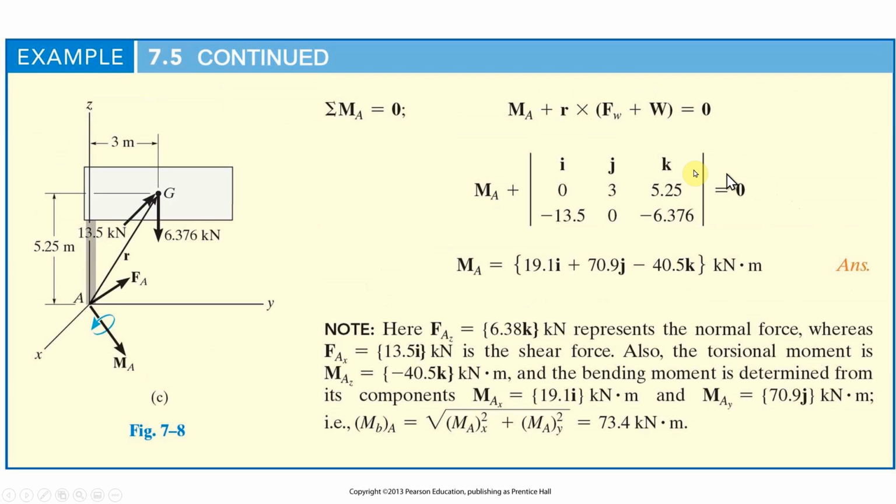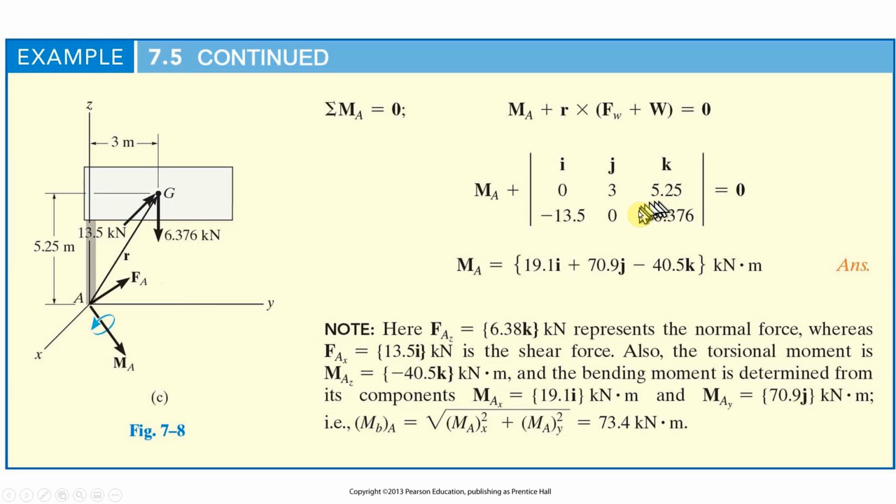Moment about point A, this point right here. Here you have the gravitational force, so it will not create a moment around the z-axis, but it will create, or the y.